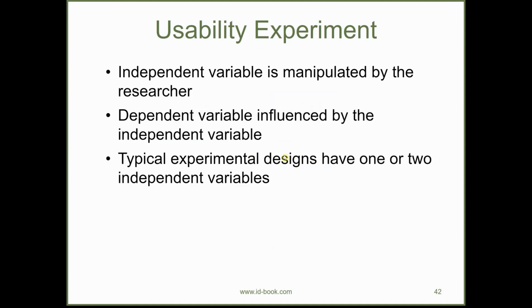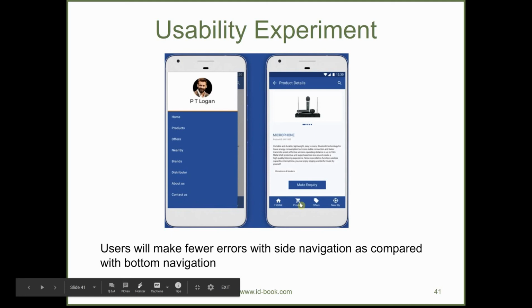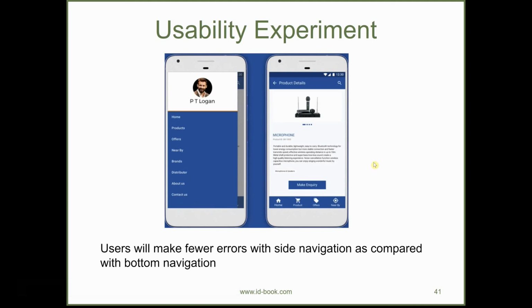The dependent variable is what is influenced by the independent variable. In this case, the dependent variable is the number of errors. So the independent variable is the position of the navigation, and the dependent variable is the number of errors.